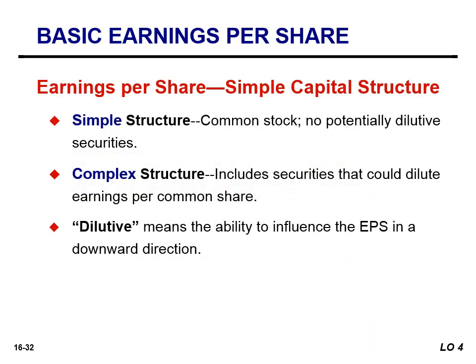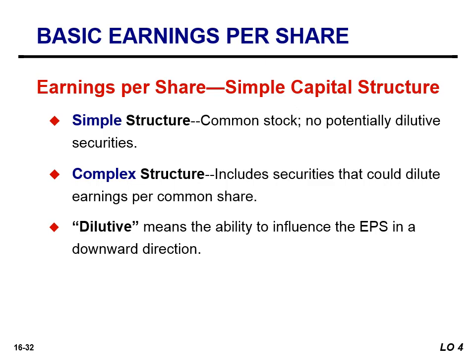In dealing with earnings per share, your first goal is to understand your capital structure. If your corporation's capital structure is simple, it consists of only common stock or includes no potentially dilutive securities. Okay, or only common and preferred stock, no dilutive securities. A capital structure is complex if potentially dilutive securities are present.